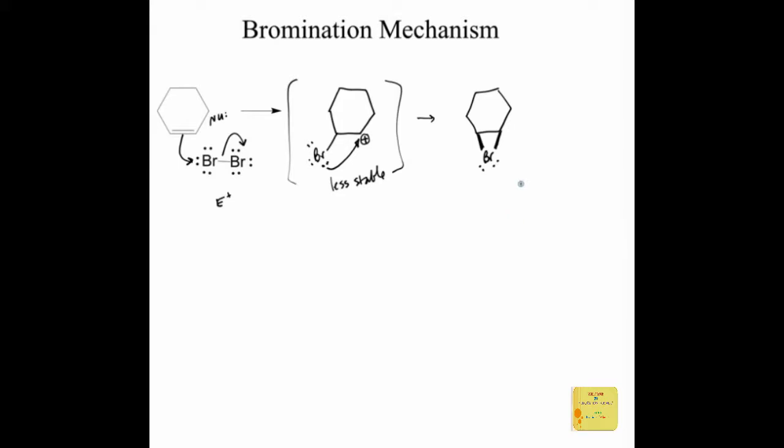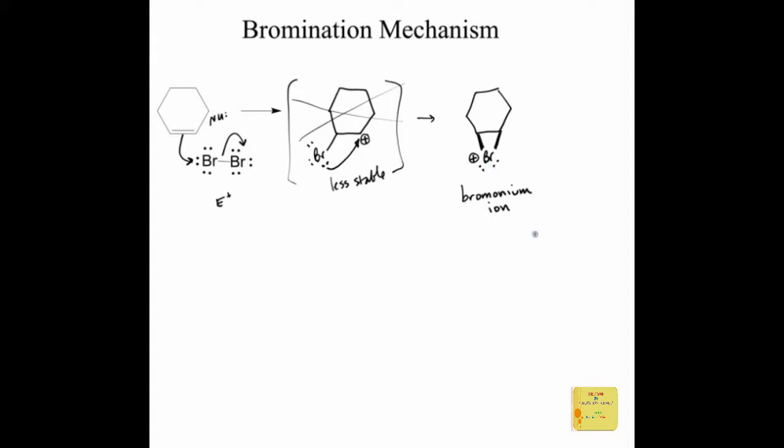So let's think about the formal charge for this bromine. We have 1, 2, 3, 4, 5, 6. Bromine wants 7, so it's missing an electron, so this is a Br+. And this is called a bromonium ion. And that is actually the intermediate that we get in the bromination reaction. So we don't form this carbocation.